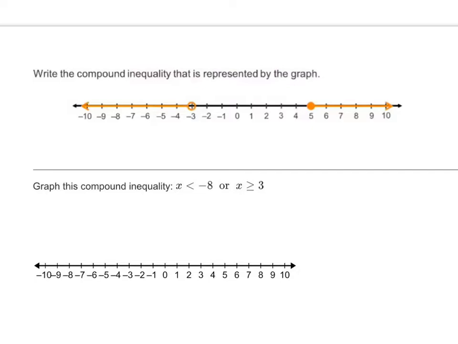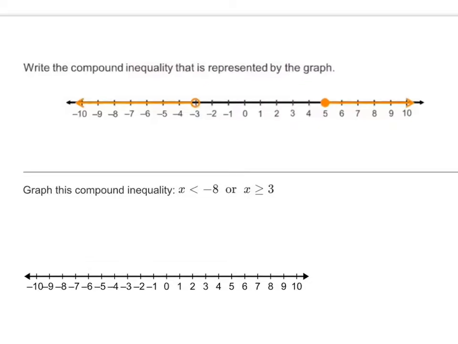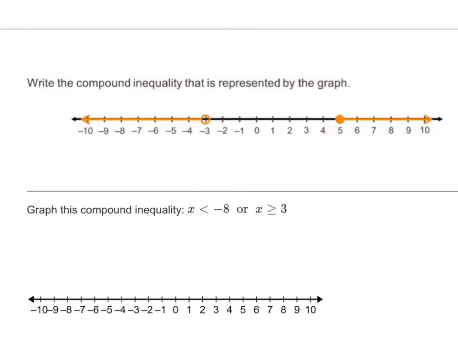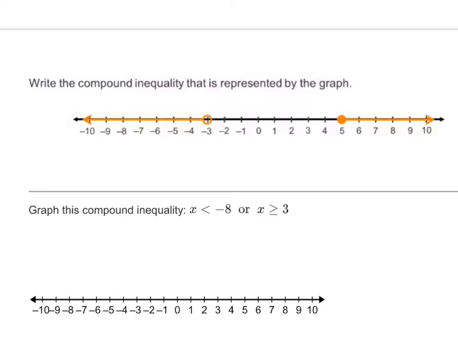All right, so let's take a look at writing some of these union compound inequalities. It says write the compound inequality that is represented by the graph. So I just look at the graph, and all the values here are smaller than negative 3. So I would say that x is less than negative 3, or, because I have two of these, all the values of x are greater than or equal to positive 5.